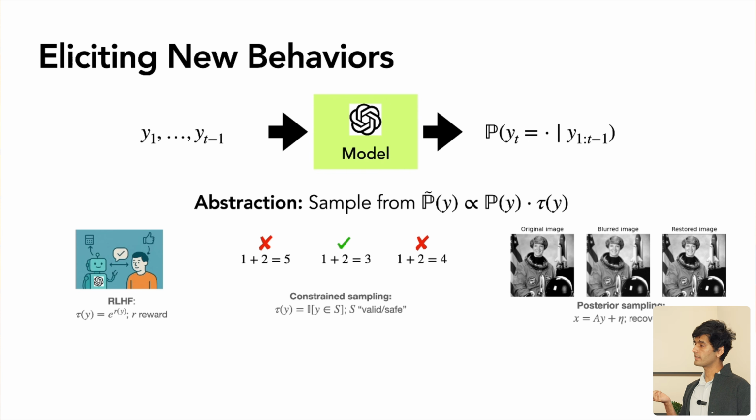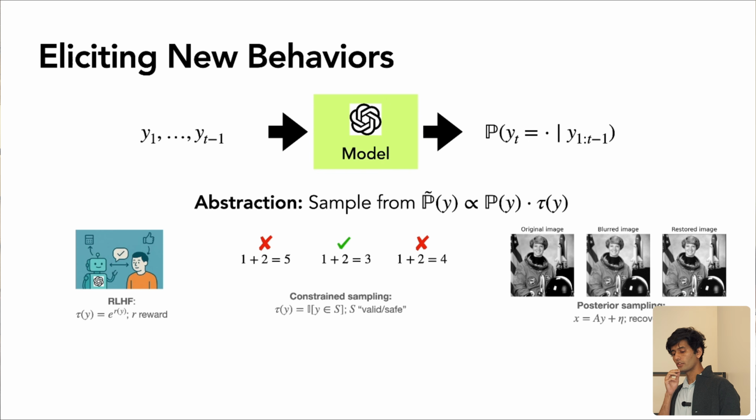It also abstracts things such as constraint sampling, where you want to only output solutions that you consider to be valid or safe. For example, you only want to output programs that compile under your favorite compiler. It also captures other fundamental problems such as posterior sampling and inverse linear problems in, say, image reconstruction. Problems like image recovery also have the same form as the one we have looked at before.